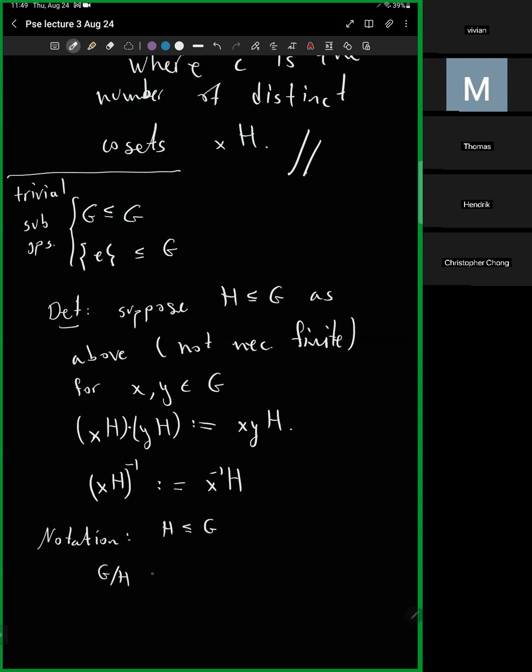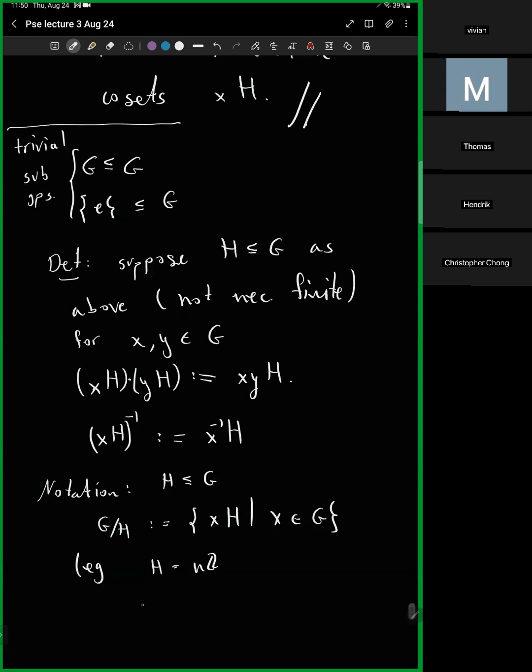I'm not sure if I said it before, but I denote it as G divided by H. This is the set of all xH, x in G. I can tell you more about the intuition for this notation, but for now, think of the example we had, H equal to nZ.